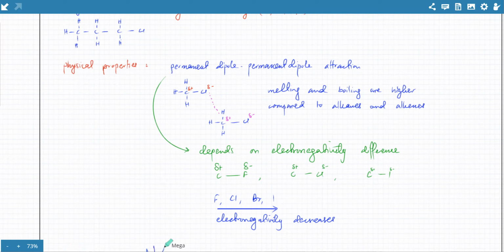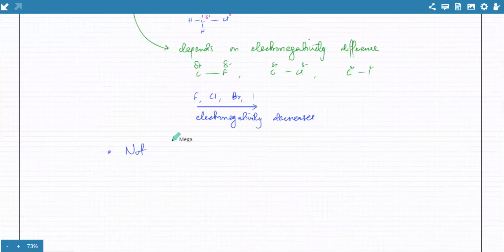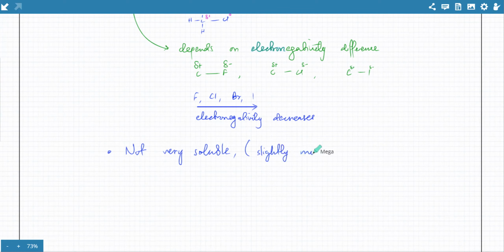They are not very soluble, or in a relative sense, slightly more soluble compared to alkanes and alkenes.